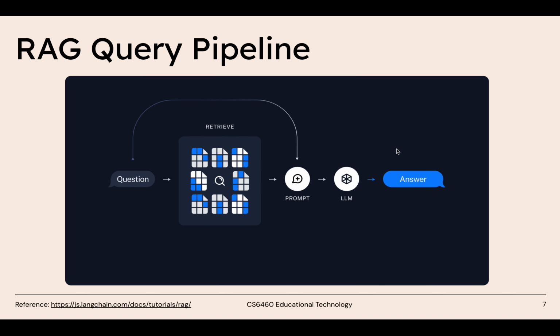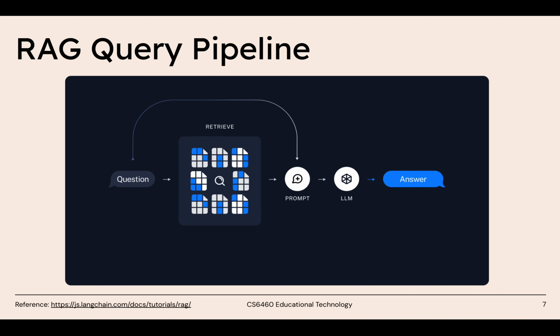Once all this is put together, the pipeline looks something like this. A user will submit a question, in this case through Slack. A retriever will query ChromaDB, searching for the user query by semantic meaning or by intent.